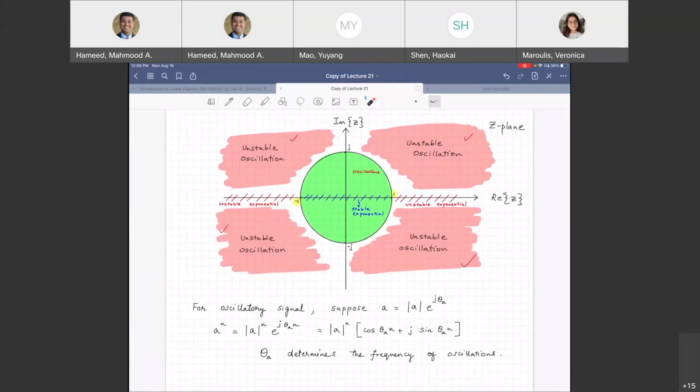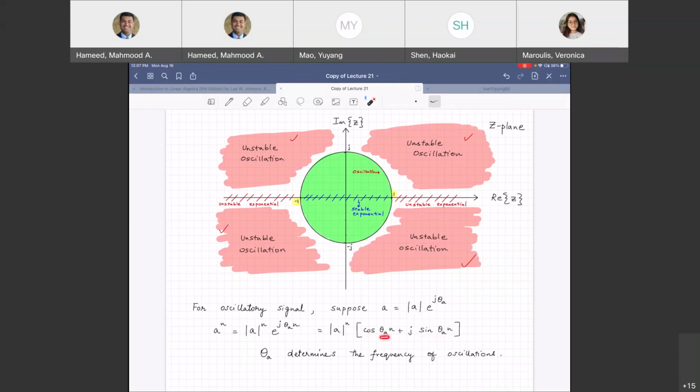We said oscillations, so let's talk about what is the frequency of those oscillations. Now, if A is that complex number, A to the n u of n, A is complex, right? So if it is complex, I can write that as magnitude of A e to the j angle of A. That particular complex number can be broken down using Euler's as some real part, some imaginary part. The real part is going to be magnitude of A raised to n, cosine theta A, and then imaginary will have a sine component.